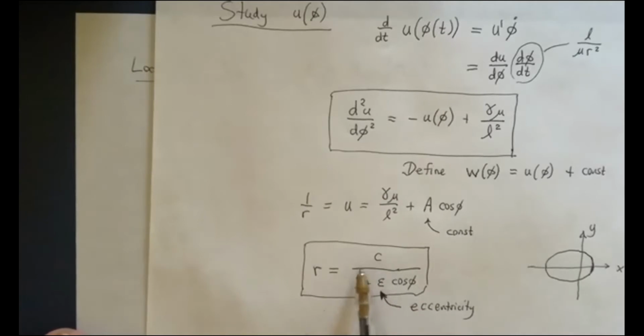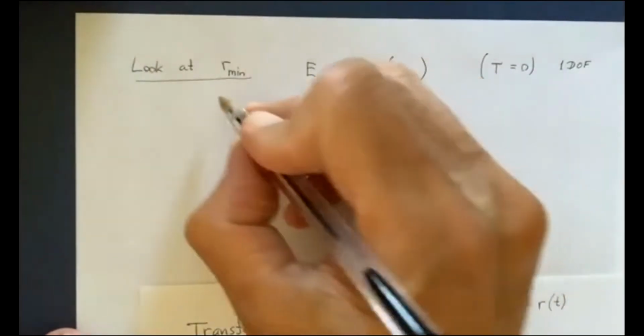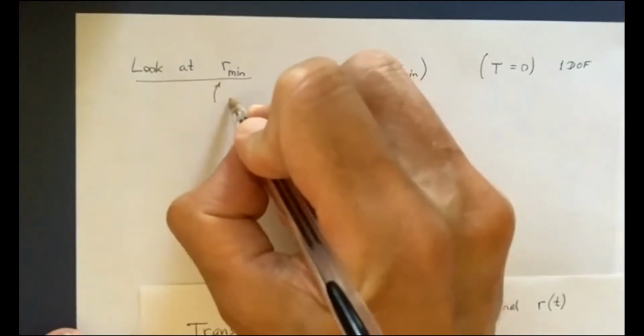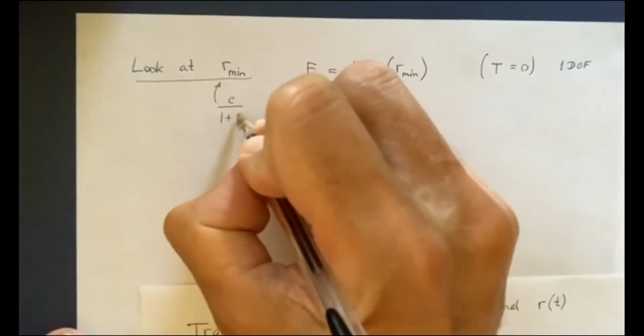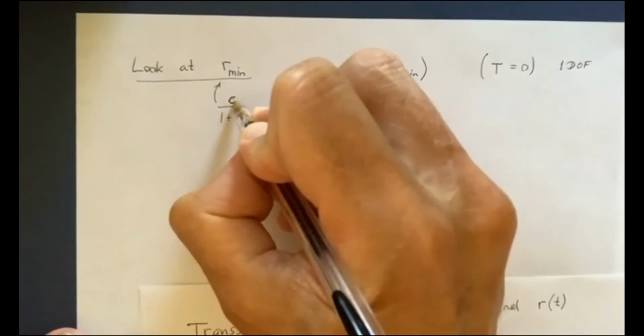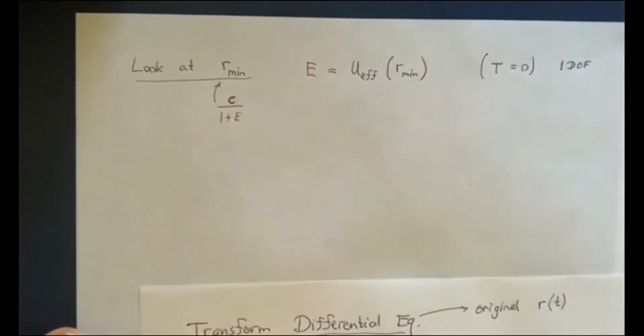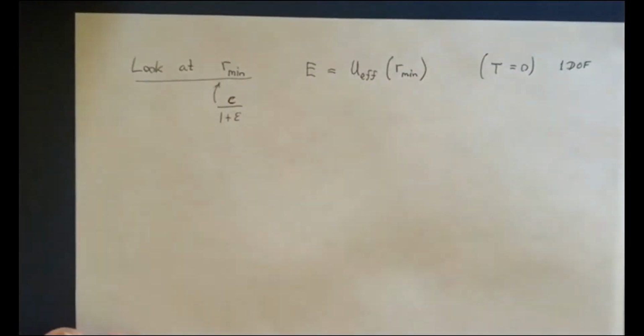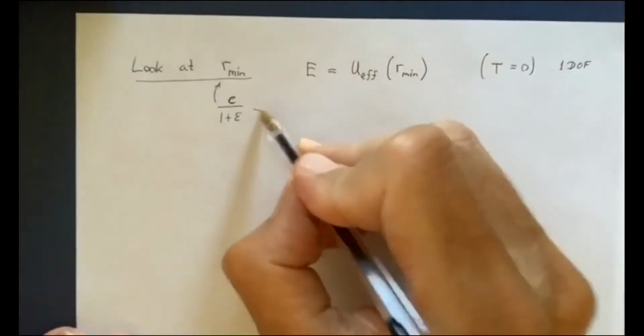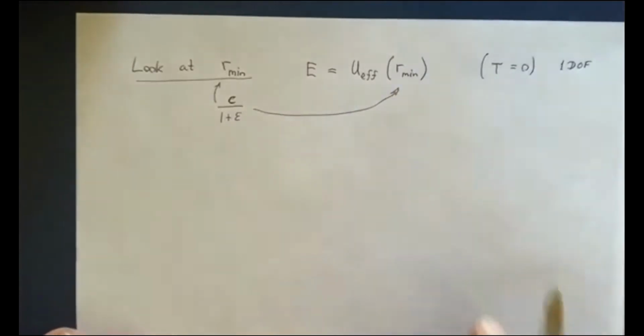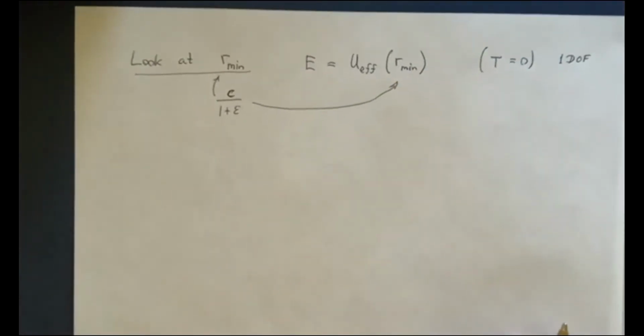So if you have C over 1 plus epsilon, that gives you the minimum radius. So you plug that in. We know that this is our R min. You plug it in here, and then again, there's some algebra.